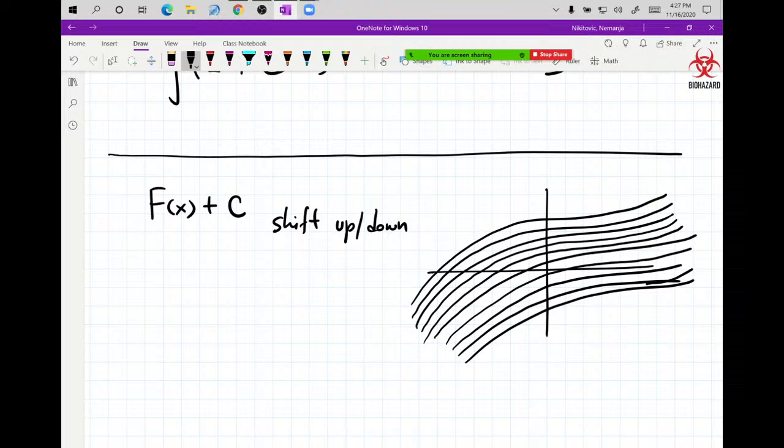And so now what's important is to understand that this plus c is just going to push them up and down the curve.